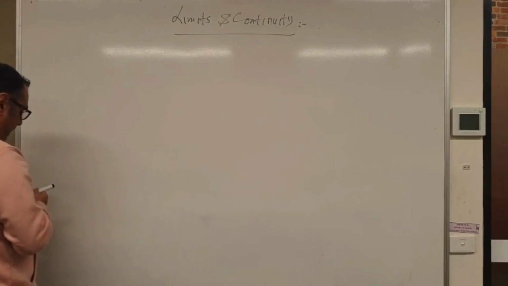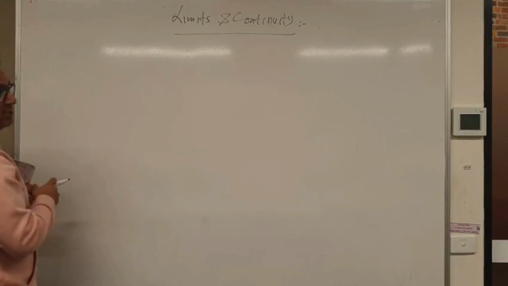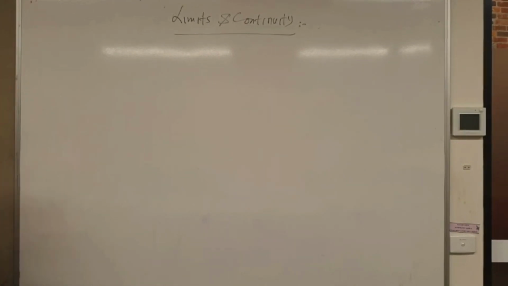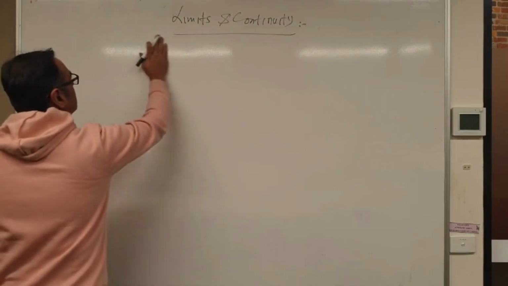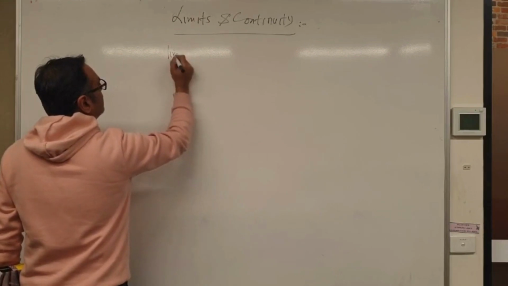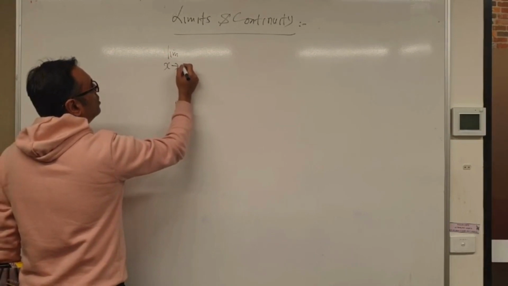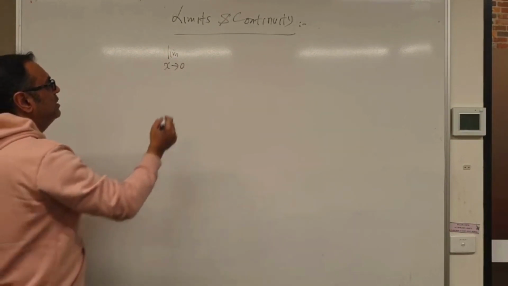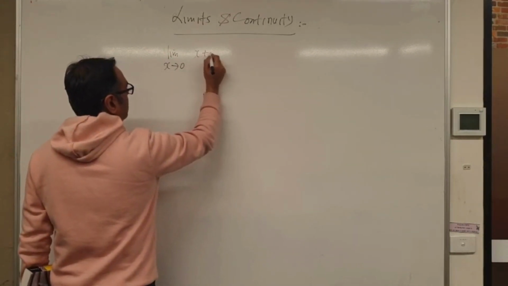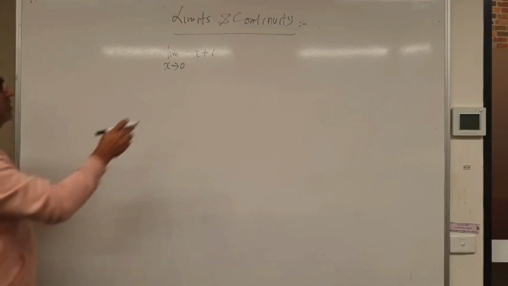We'll extend the concept of limits from last time. So what did we learn last time? If I say limit x tends to 0 of x plus 1, and I ask you to find the limit of this function when x tends to 0, this function is f of x, obviously.